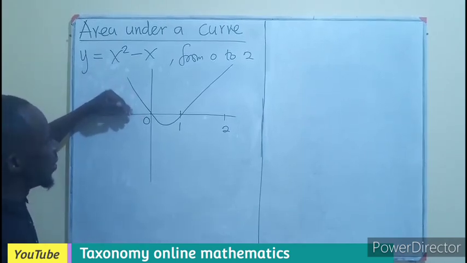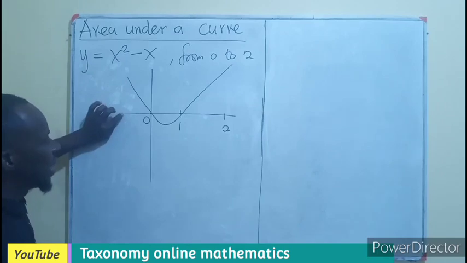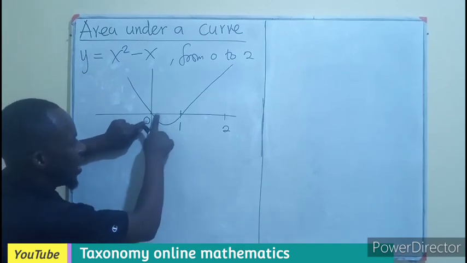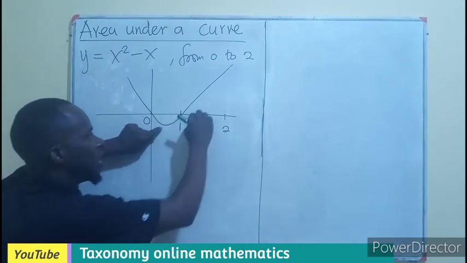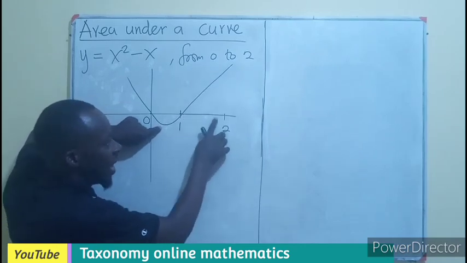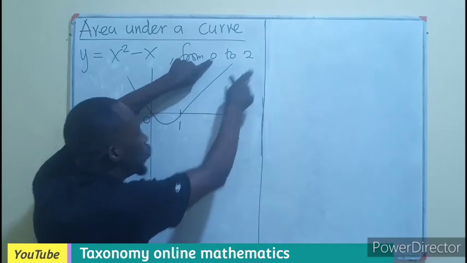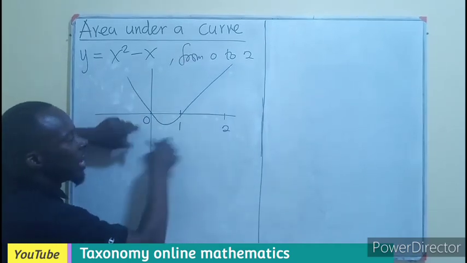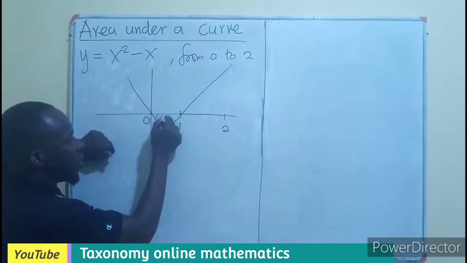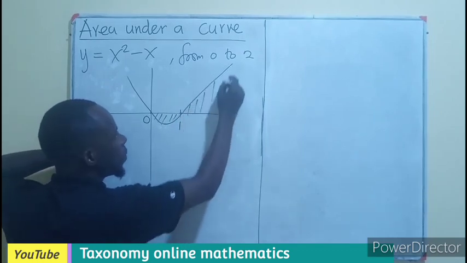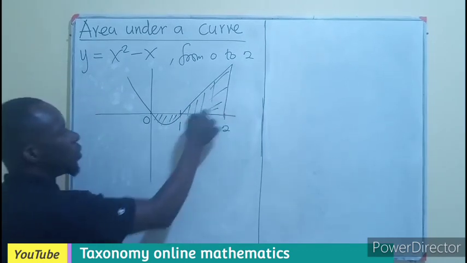Area here between the curve and the x-axis, area here between the x-axis and the curve, area here between the x-axis and the curve. But our coordinate is spanning from 0 to 2, meaning from only here to here. So the area we are looking for will be here.